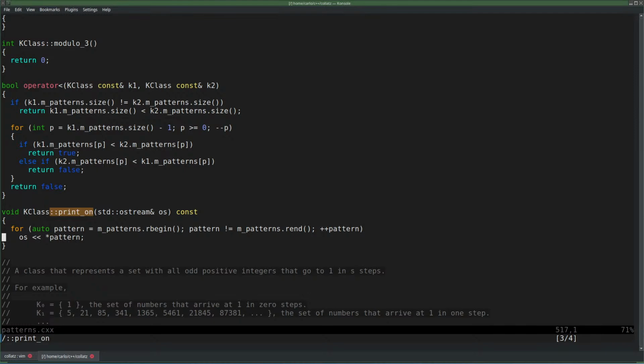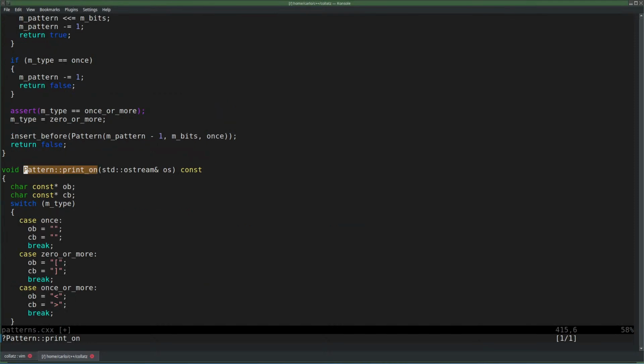Print pattern. Pattern. No, just first actually.